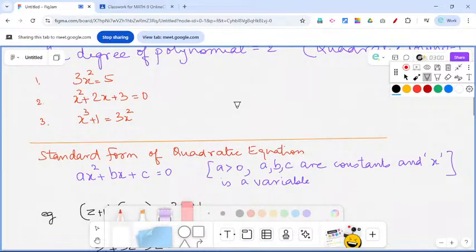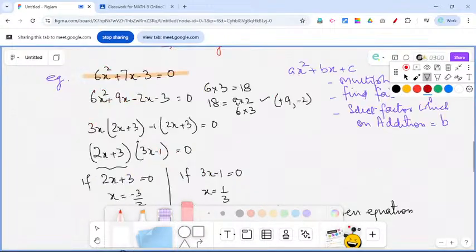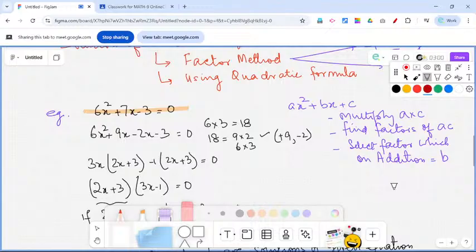Now if we see this equation, 6x square plus 7x minus 3, let us do the splitting method. In the splitting method, if this is your standard form, first of all we multiply a and c, the first constant with the third constant which does not have any variable.